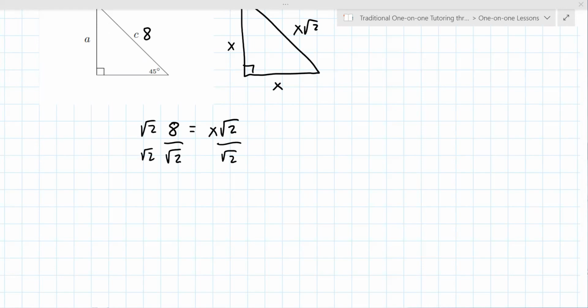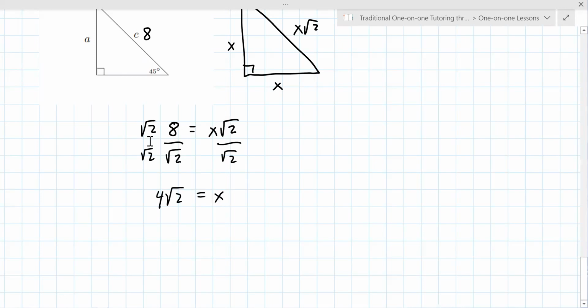Can you reduce that for me? It is 8 square root 2 over 2. Yes. And what does that reduce to? That reduces to 4 square root 2 over 1. Yes. So 4 square root 2 is x.